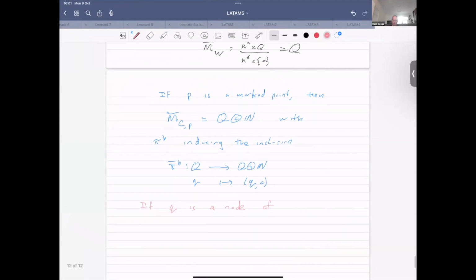If Q is a node of C, then M bar CQ takes a somewhat special form.